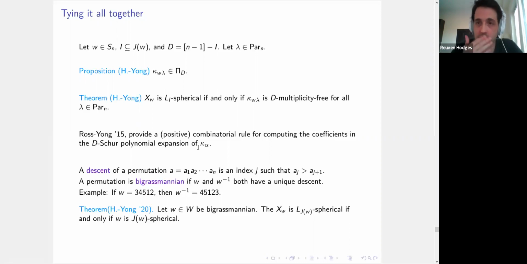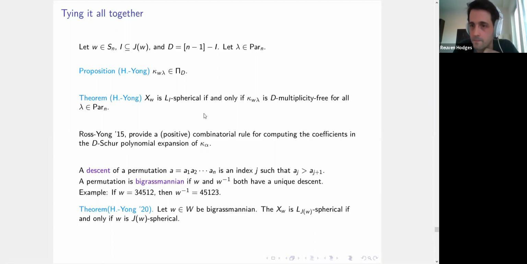But of course, the above is true in general. This theorem is true if you state it slightly more generally. What you'd say is that XW is Li spherical if and only if the characters of the Demazure modules are all multiplicity free in that specific type. So it would just be some other polynomial that's the character, and you would be checking whether or not that's multiplicity free.